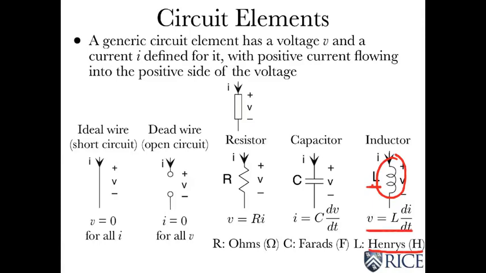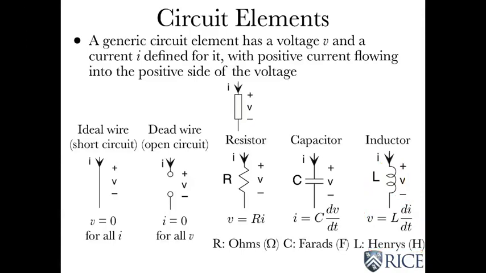In some sense, it's the opposite of a capacitor. If you use the laws of physics to figure out how voltage and current are related when there's a coil of wire, you'll discover that to a good approximation, the voltage is proportional to the derivative of the current. Inductors are found, for example, in automobiles. When you talk about the coil in an automobile, it turns out it's a big inductor.